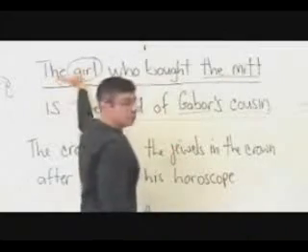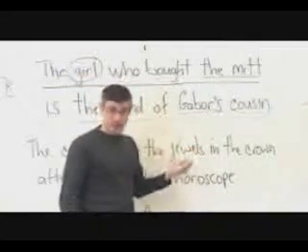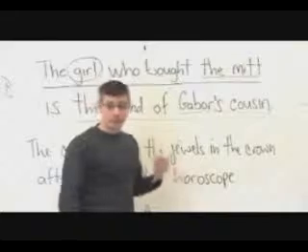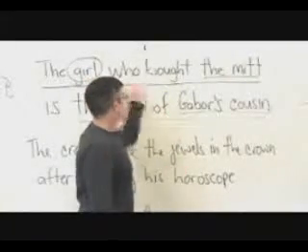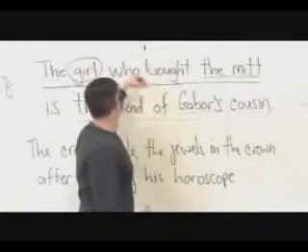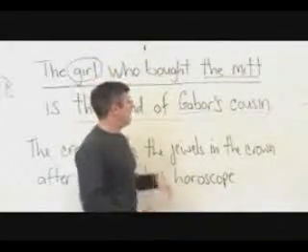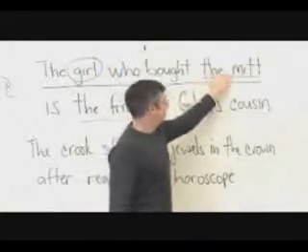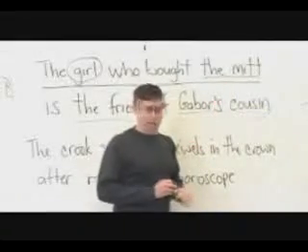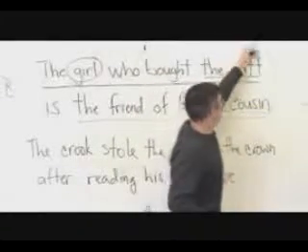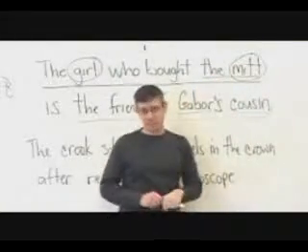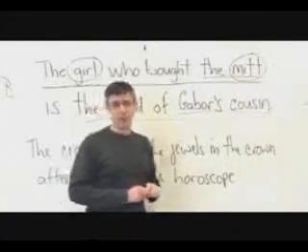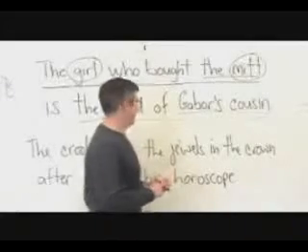So the is an adjective, the definite article, and it modifies girl. Which girl? The girl. Which girl? The girl who bought the mitt. Again, that modifies girl. And the mitt, that's another nominal phrase, and the head is mitt. And the is, again, the definite article that is modifying mitt.